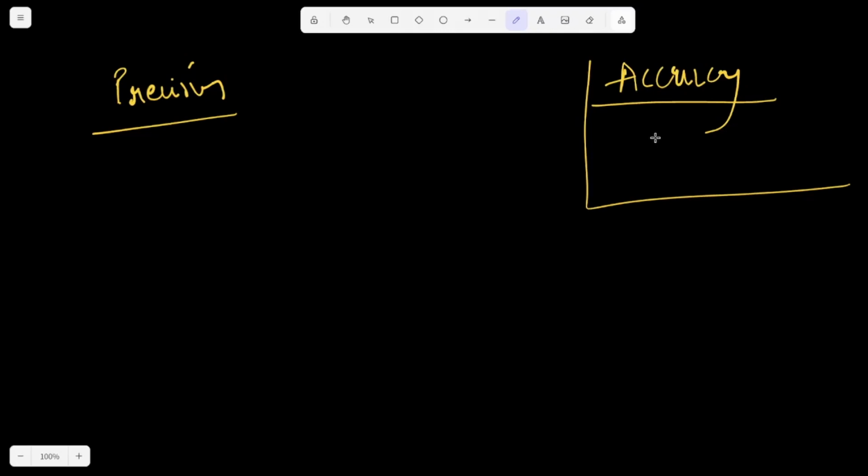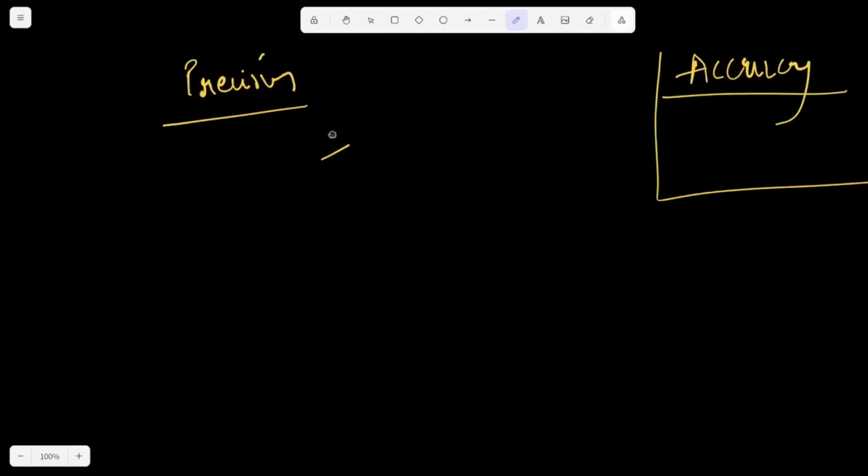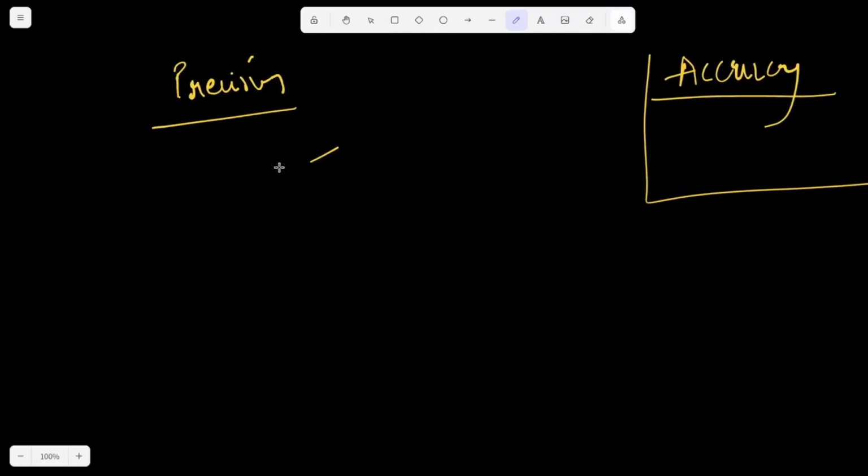Now this is where precision kicks in. What precision does is that it helps us understand how well, or how confidently, our model is able to classify a certain class. And that's what we're going to be looking at. But before that, let's start off by understanding two things.